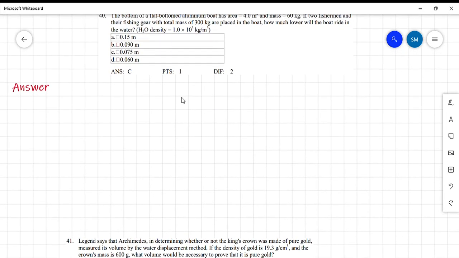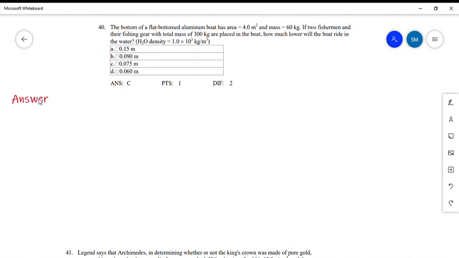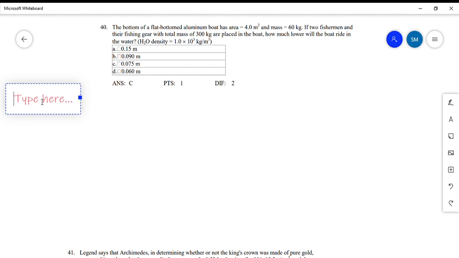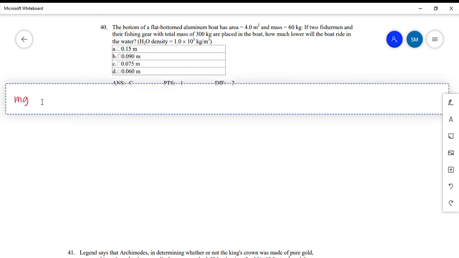The last question in this video, question 40. First, I hope you read this question very carefully. We have two cases. The first case, only the boat is on the surface of water, no fishermen. So in this case, let us calculate the height under the water. Mg is equal to the same rule, the density times the gravity times the area of the base times h.